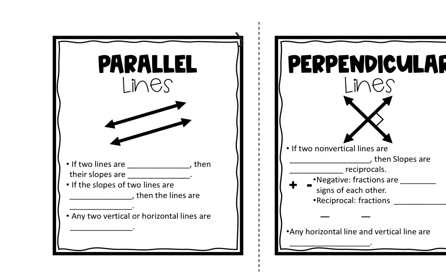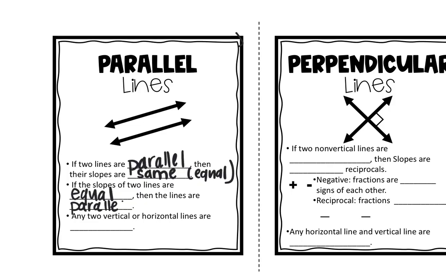If two lines are parallel, then their slopes are the same. In other words, they're equal. If the slopes of two lines are equal or the same, then the lines are parallel.